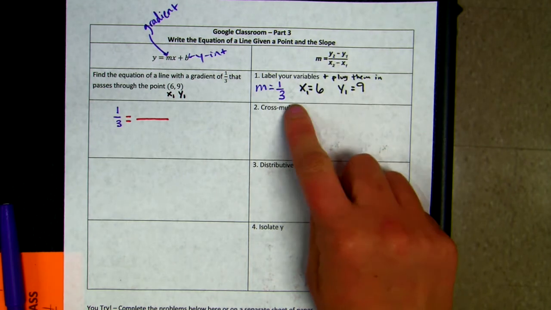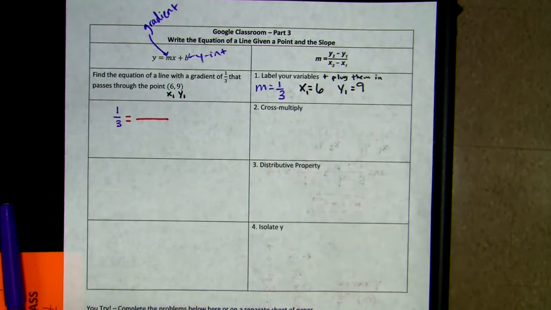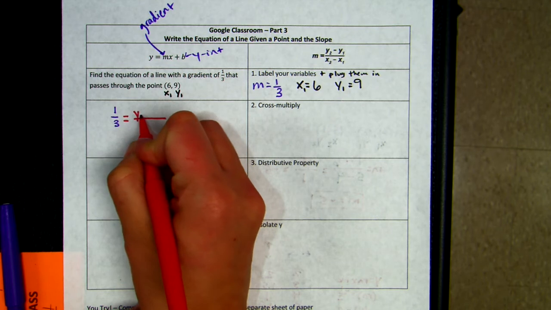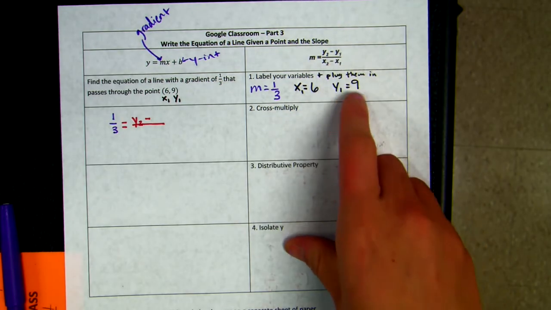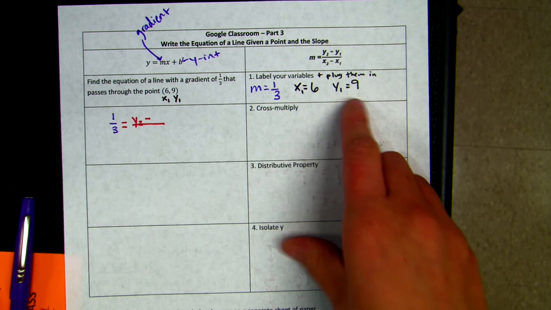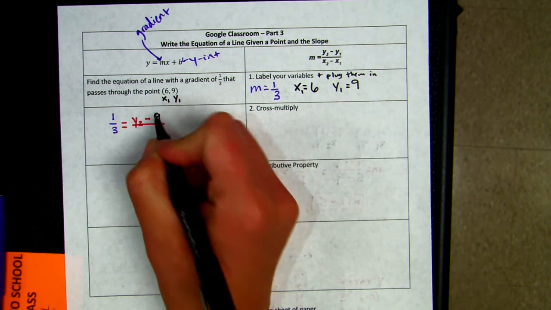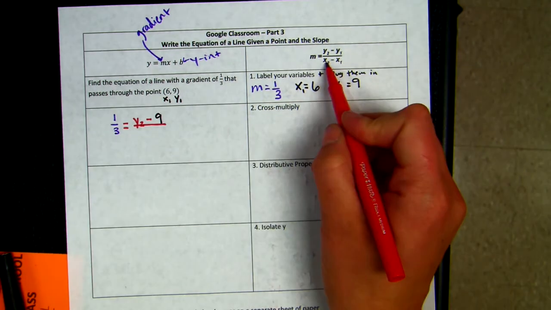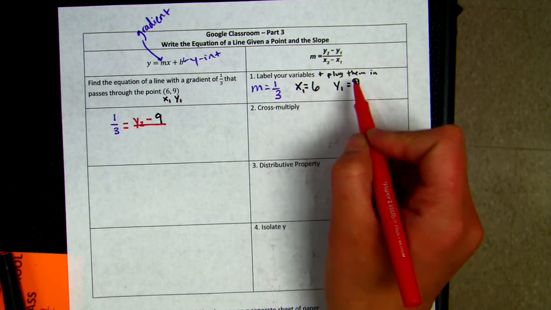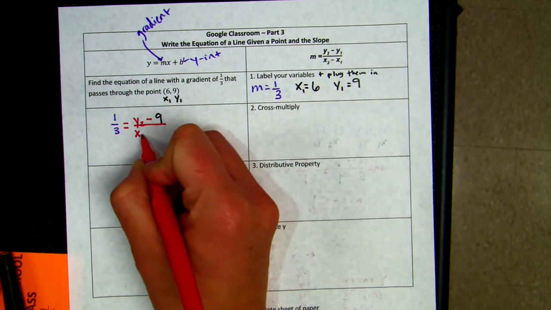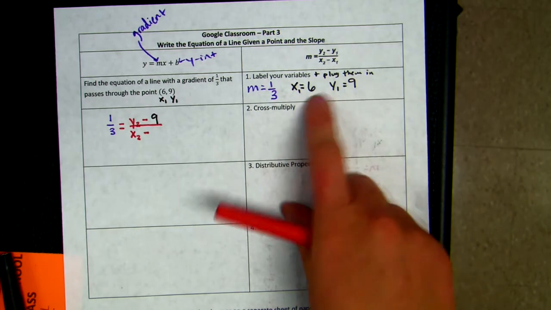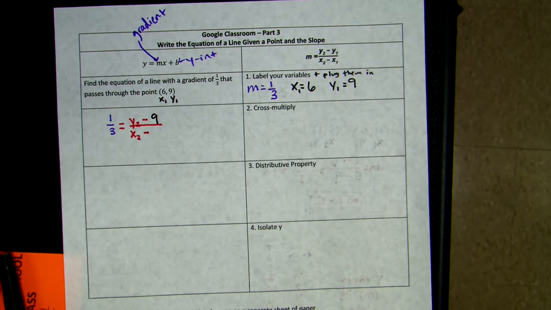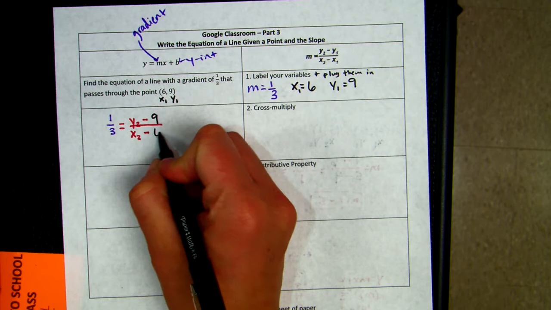Now, I don't know what y2 is yet, so I'm going to leave it as y2 minus y1. Well, I know a value for y1. It's 9. So minus 9 over x2. I don't have a value for x2 yet. So x2 minus x1, which is 6. So x2 minus 6.